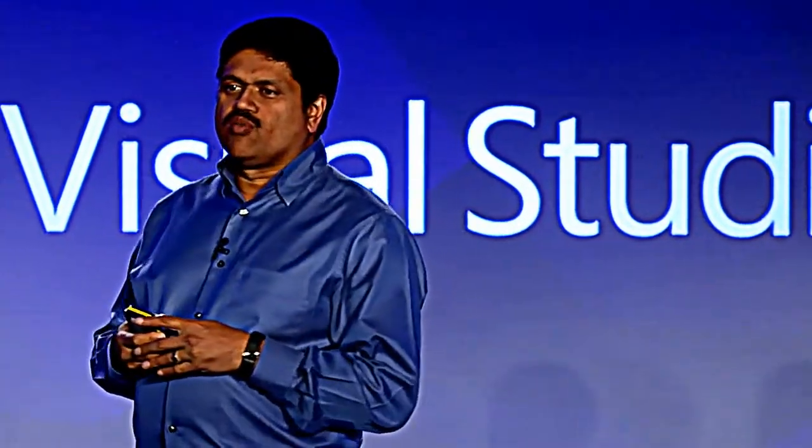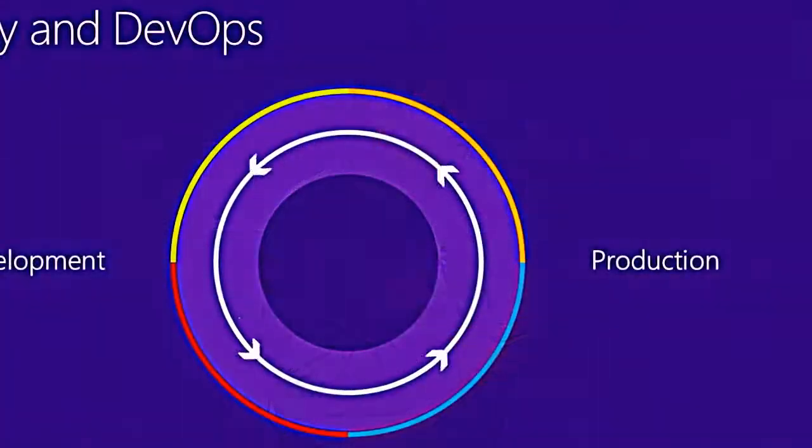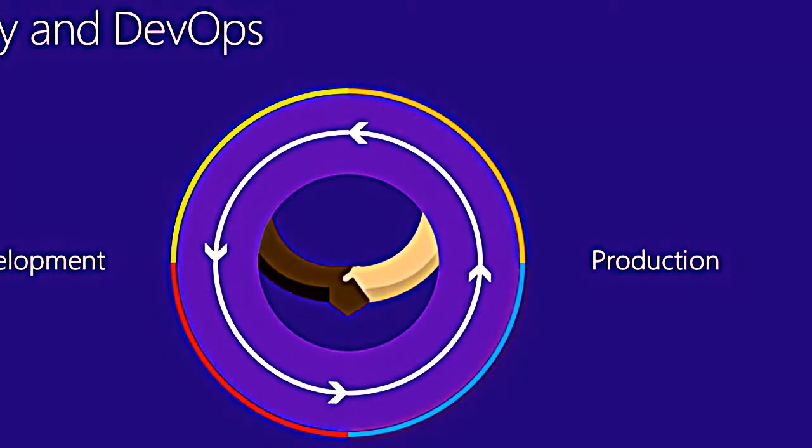Over the last 45 minutes or so, we spent a lot of time talking about the what in Visual Studio. In other words, what kind of applications you can build, whether you're targeting the cloud or whether you're targeting mobile devices. We talked a lot about some of the new things coming in Visual Studio 2015. Now what I want to do is switch focus and talk a little bit about the how.